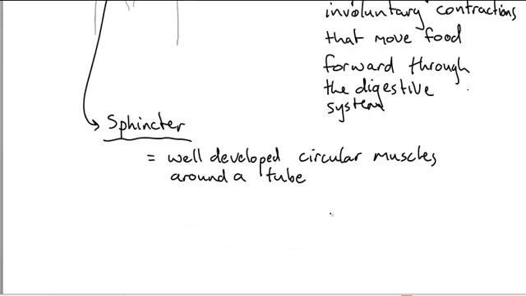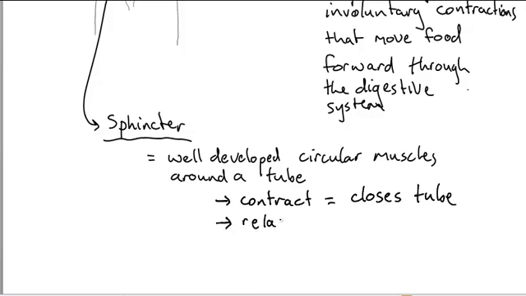At the far end of our digestive system, we do indeed have anal sphincters. And their function is, if they contract, what do you think they do to the tubeway? You say close it, you are correct. And in contrast, if the sphincter muscles relax, then it must, yes, you're brilliant, open the tube.